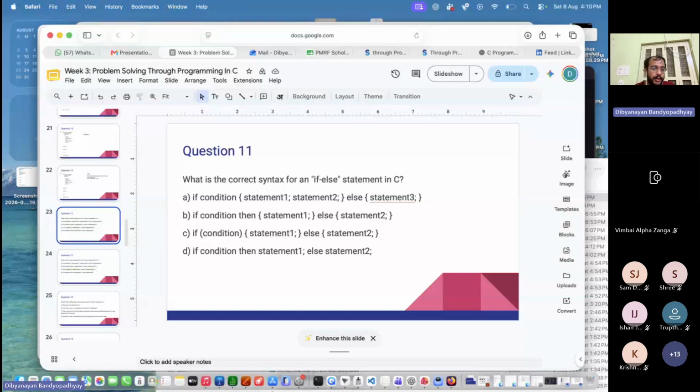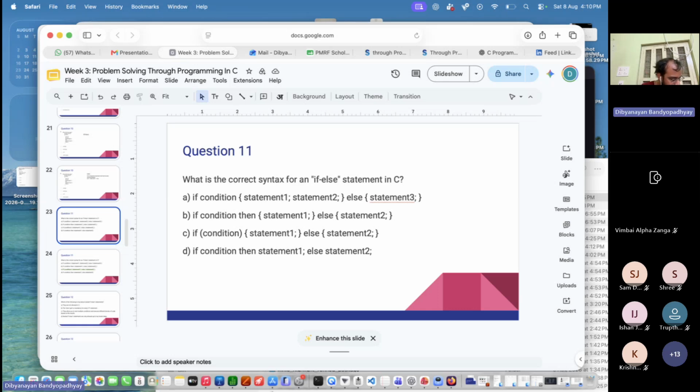Okay, so this is question number 11. What is the correct syntax for an if else statement in C? There are four options.